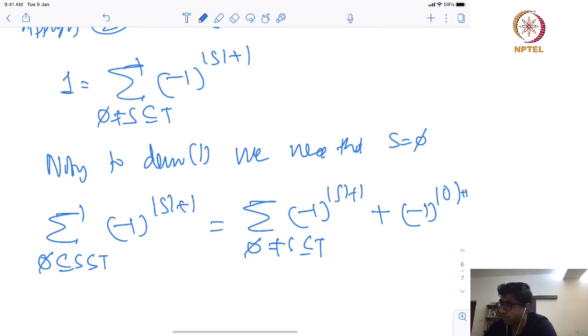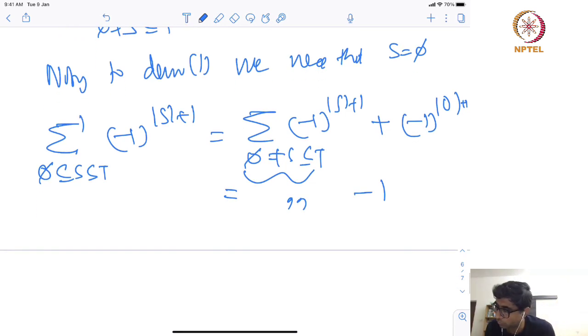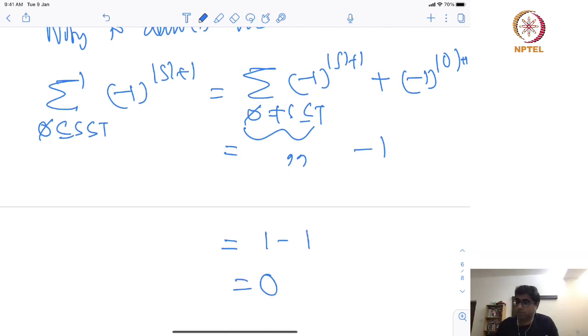So, this quantity equals minus 1. This is equal to, but this we know is equal to 1. So, 1 minus 1 which is equal to 0, right.